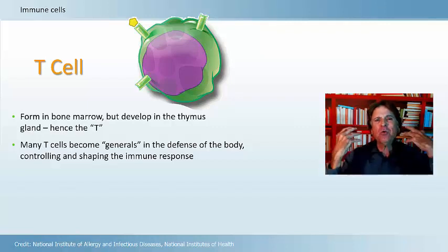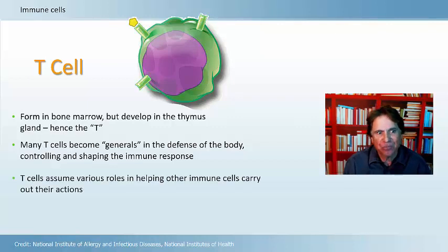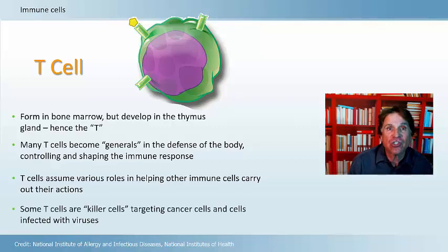So really, they're in a way the brain center of how your body is setting up a defense against pathogens. T cells in this process assume various roles in helping other immune cells carry on their actions.